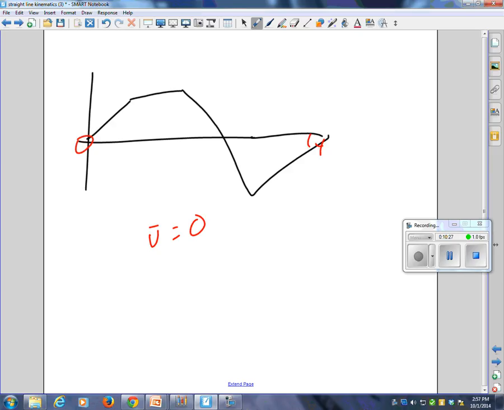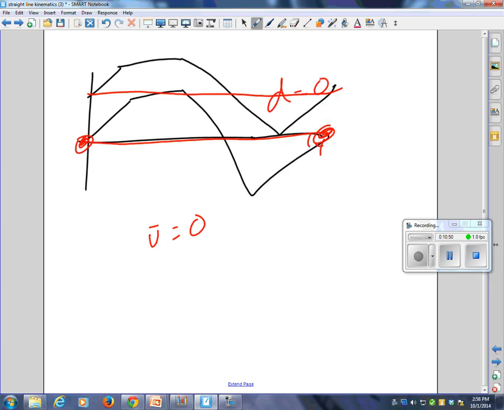Exactly. It starts and ends at the same spot. The overall displacement is 0. It ends up there, right at 0. Does it matter, Gage? Does it matter that it is 0? Like, what if the graph was different? Would that matter? No. It still starts and ends at the same place.